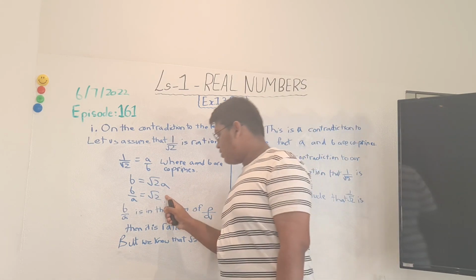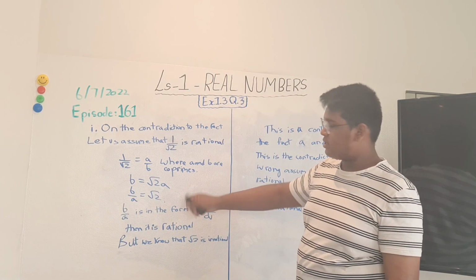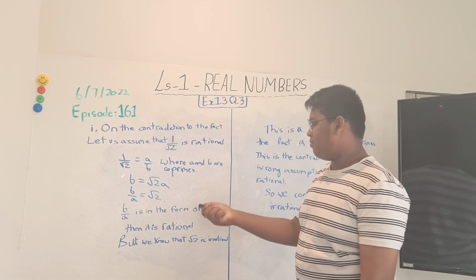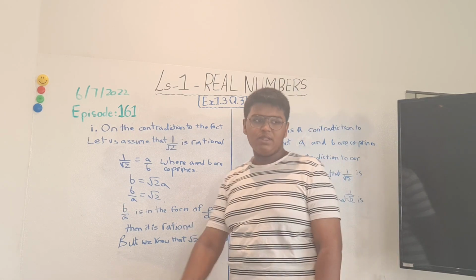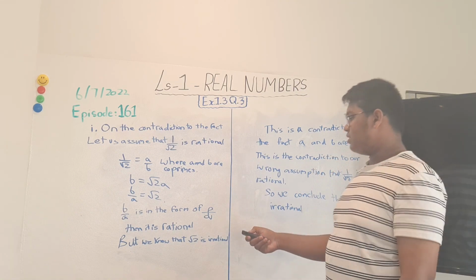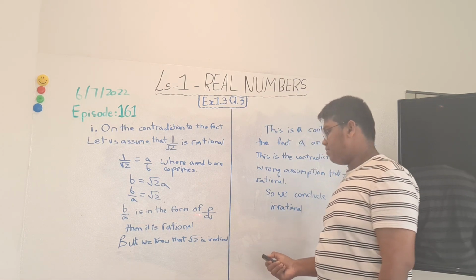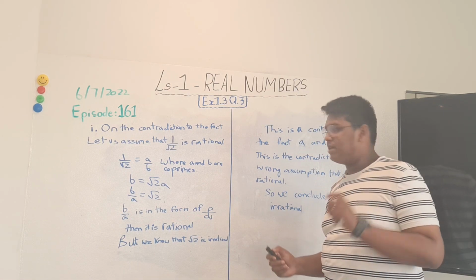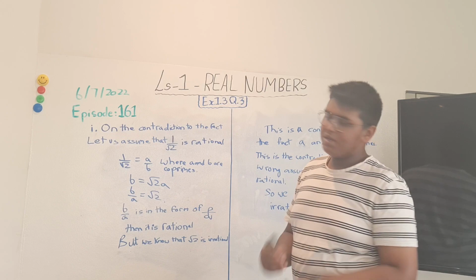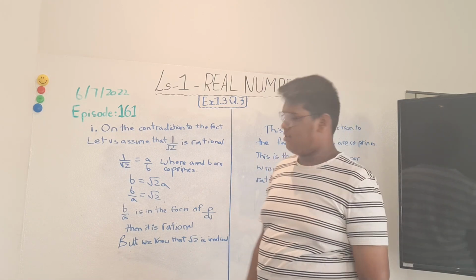Then we send this a to the other side. Here it is in multiplication, so after sending it to the other side it becomes division, in the denominator. Now b by a is in the form of p by q. We know that b by a is a fraction and p by q is also a fraction, so we can tell that it is rational.